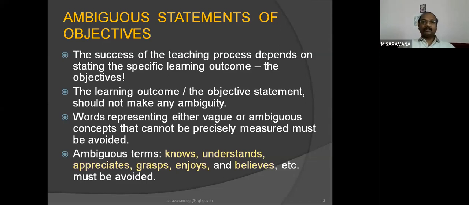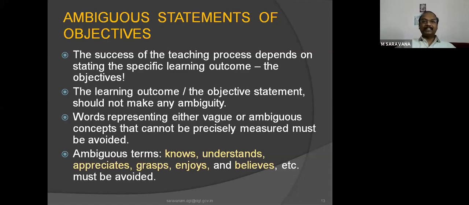The success of the teaching process depends on stating specific learning outcomes, that is, the objective. So the success of the teaching learning process depends on what exactly we are planning and what we are mentioning in the lesson plan or demonstration plan, and that we are specifically mentioning those statements.